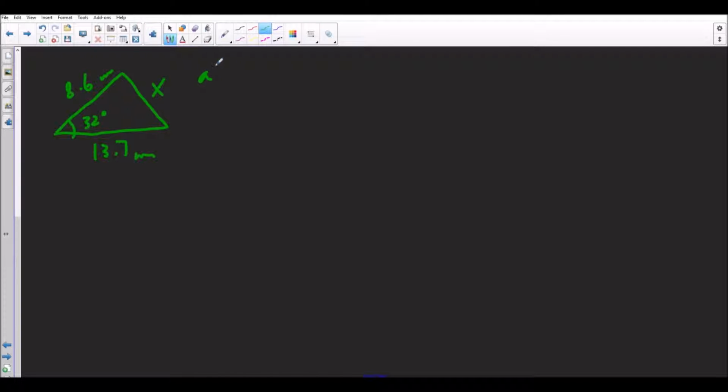So that's a squared is equal to b squared plus c squared minus 2bc cos of A. So all we're going to do is fill in the values. So we want to find the side that's across from the angle. So that's actually going to be a squared. So we're just going to write a squared is equal to, now we need to write down b squared and c squared.